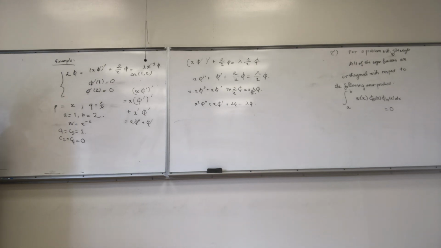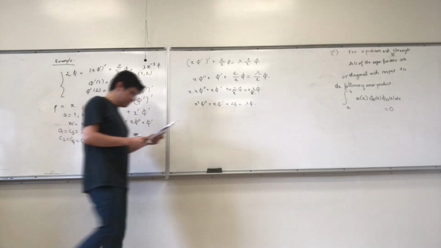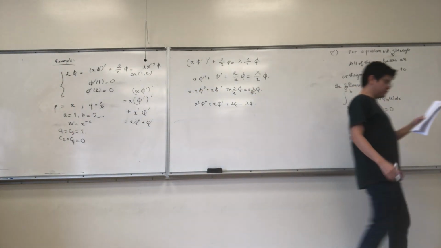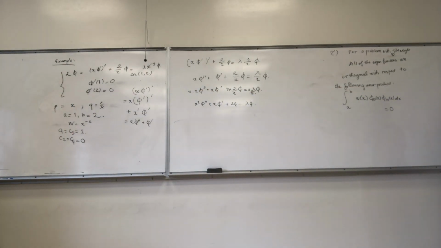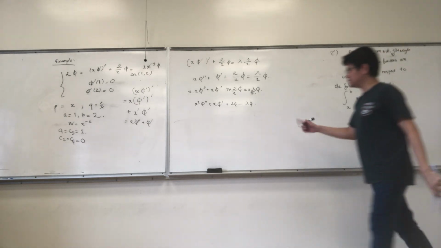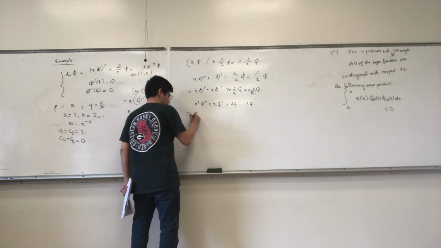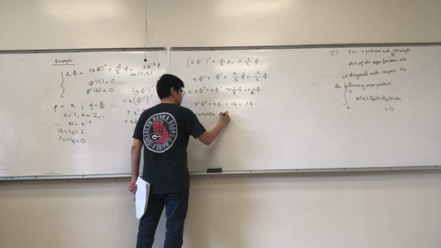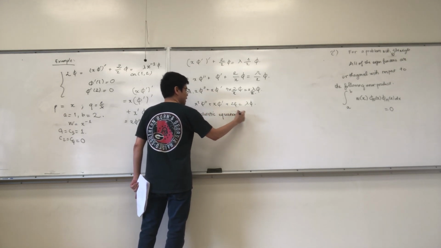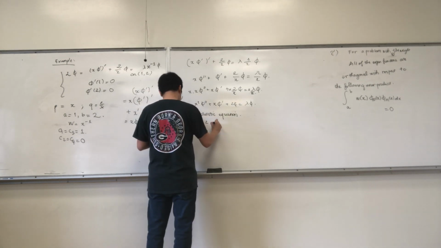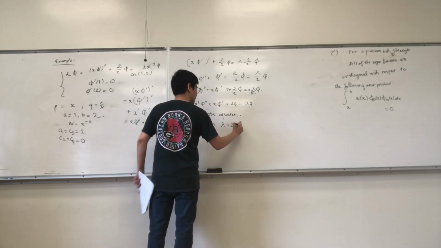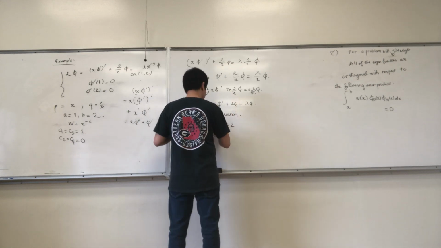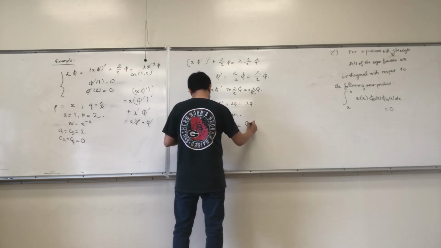Questions? All right. So how do you solve this equation? For this equation, you're going to have the characteristic equation, which is r squared plus lambda plus 2 minus lambda plus 2 is 0.